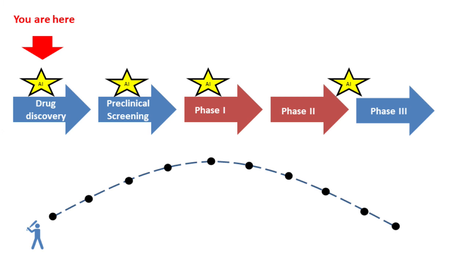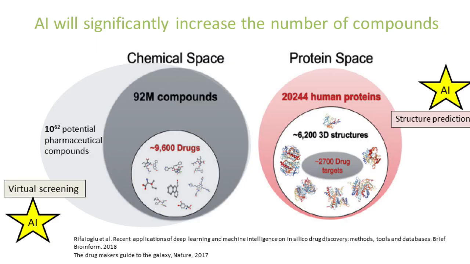First phase, I want to describe to you the different spaces that we have behind us. First, the chemical space and the protein space. Protein space because most of the compounds are targeted to a protein which does a function in the human body. And most of the diseases are dysfunctions of some proteins or some mechanisms.